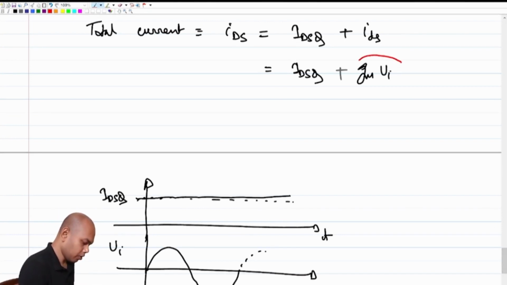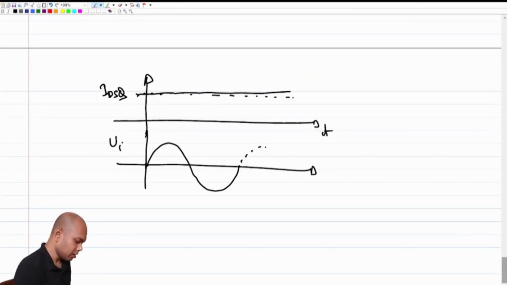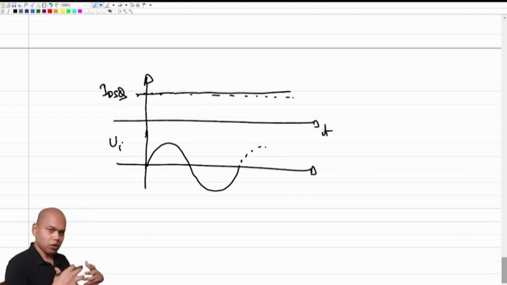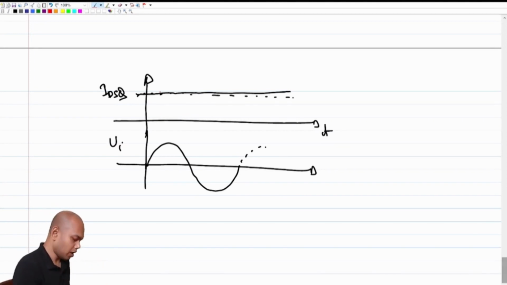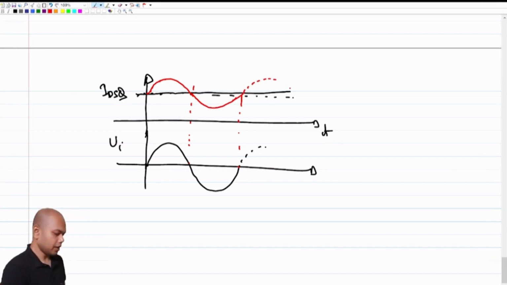It will lead to also a proportional current, which is GM times VI, right? And you have to essentially add those two up, and you will get a corresponding sinusoidal current on top of quiescent, right?